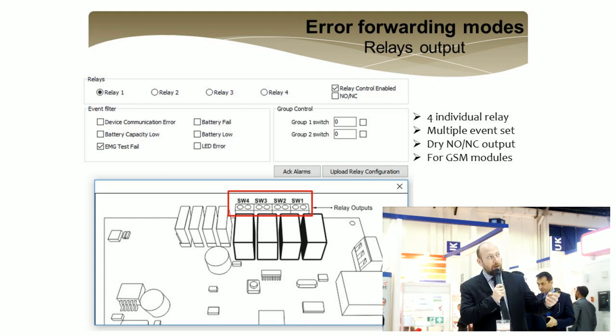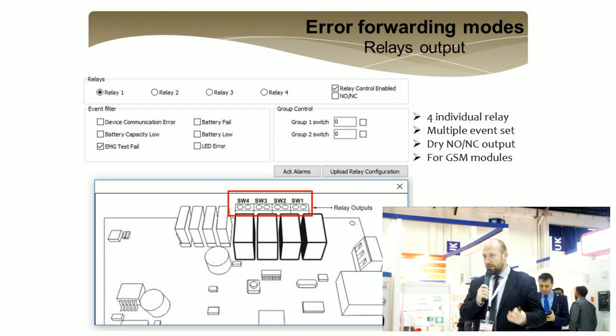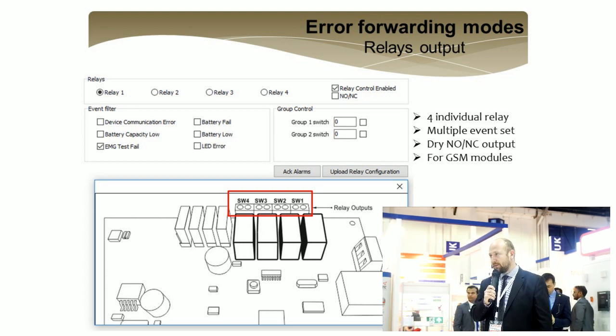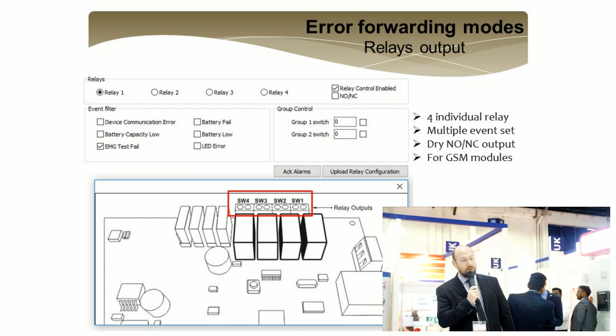For example, you can forward these errors to GSM modules to send a message to someone, or take these errors to a fire alarm system. It's normally open dry contact individual relays here.